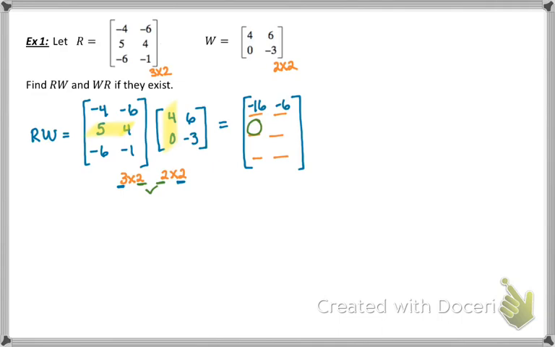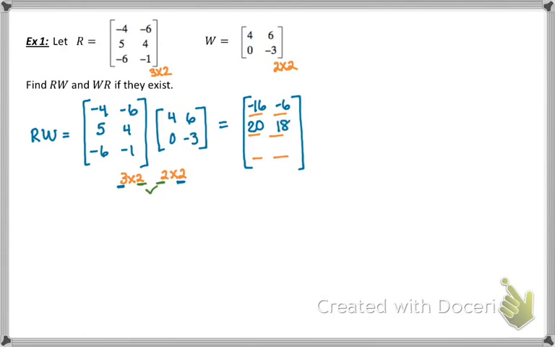So 5 times 4 is 20, plus 0 is still 20. Okay, next element, second row, second column. So that would be 5 times 6, which is 30. 4 times -3 is -12. 30 minus 12 is going to give me 18.